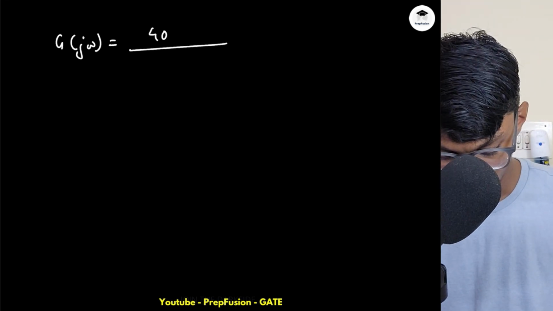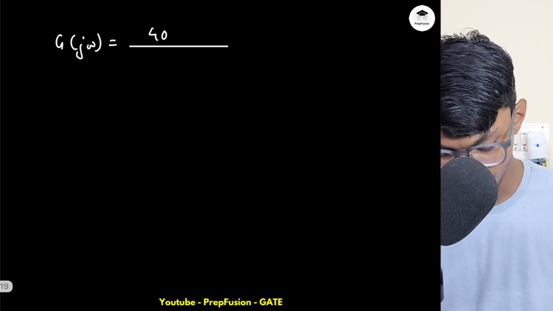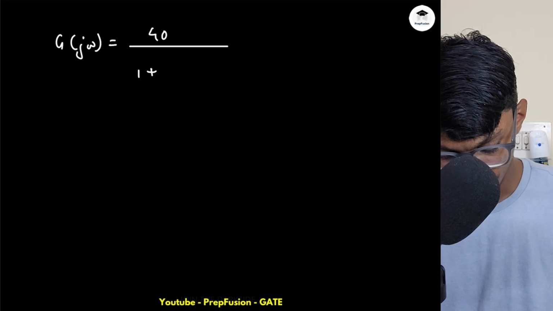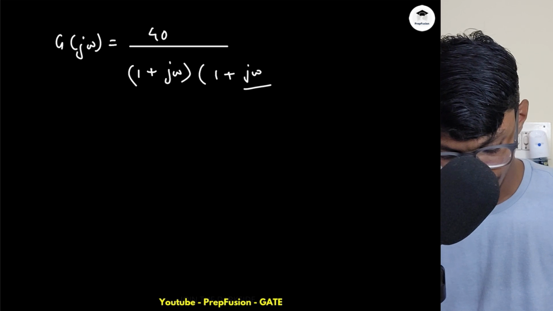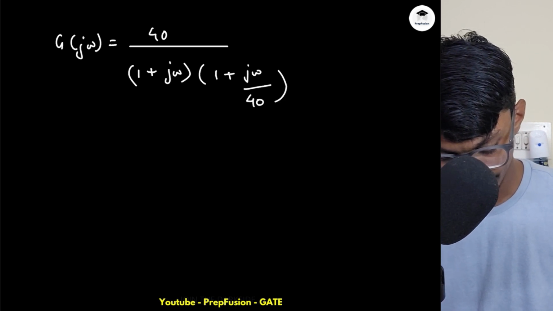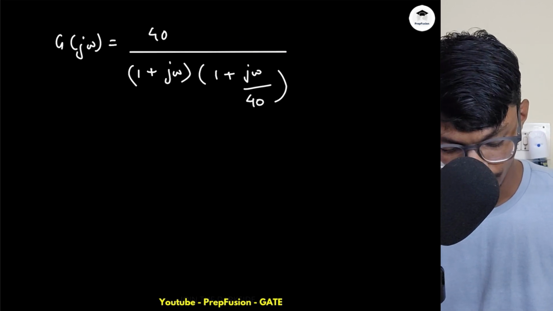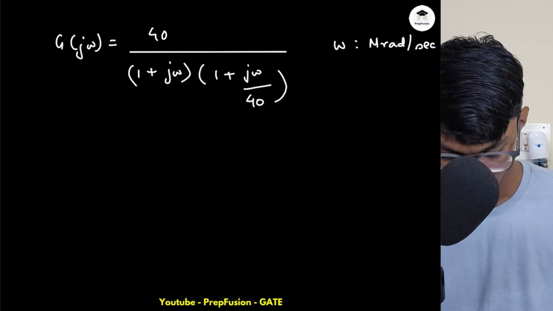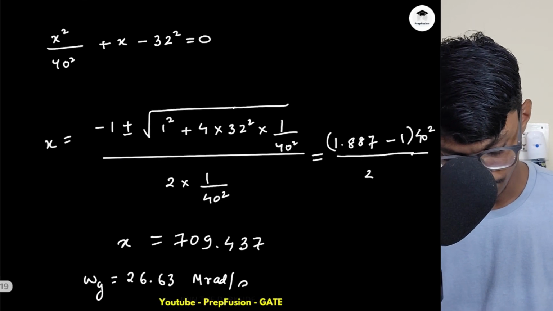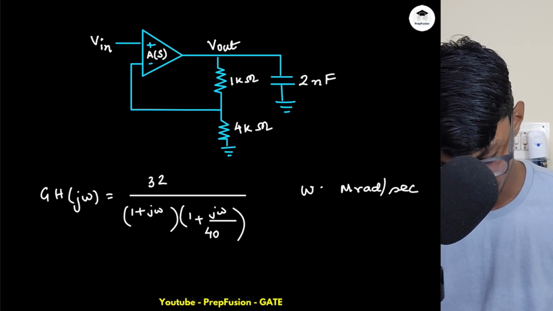So this is 40 divided by 1 plus j omega into 1 plus j omega divided by 40, and obviously my omega is in mega radian per second, right?